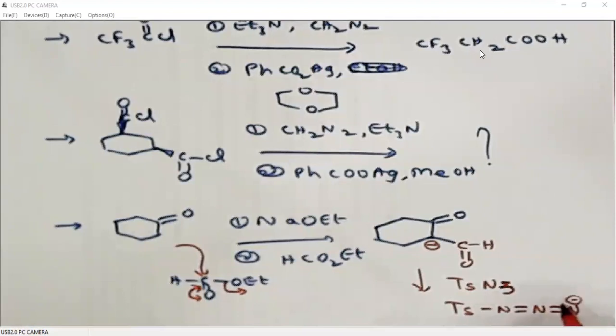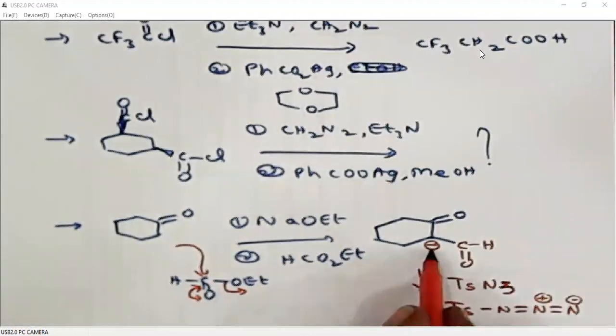This is negatively charged, this is positively charged. Now this negative charge will attack on positively charged nitrogen, so that the double bond will be polarized towards nitrogen.